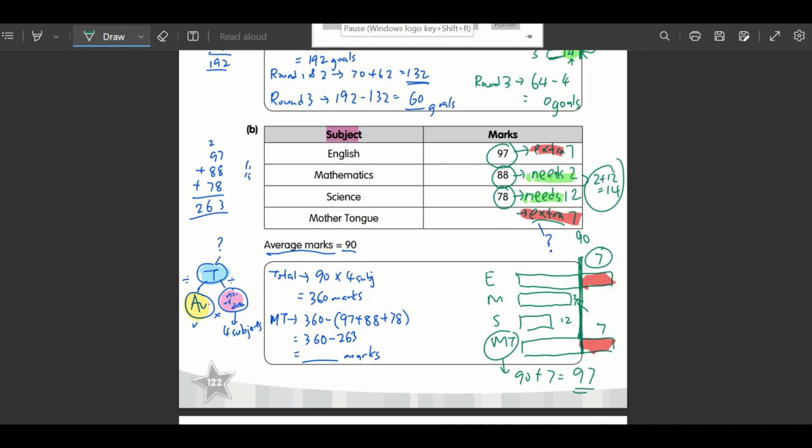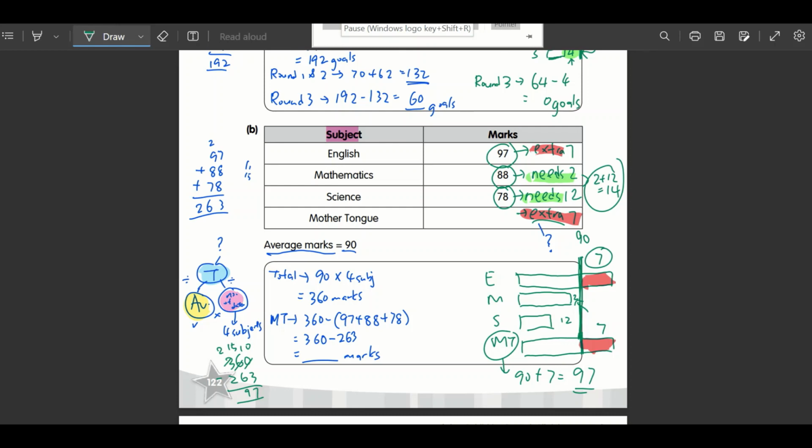Now, in this case, if I use this method and do my subtraction, I should be expecting the same answer. Which, true enough, it is.